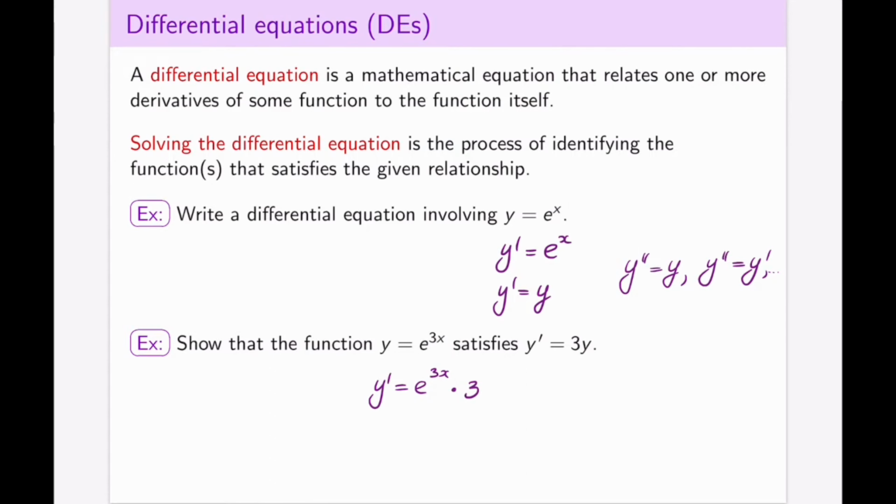And then, of course, I notice that this e to the 3x is my original function. So I can replace this with my original function y, which will then give me that y prime is equal to y times 3, or 3 times y, which is exactly the equation given here. So yes, this function, in fact, satisfies this equation. So, in other words, this function is a solution to this differential equation.